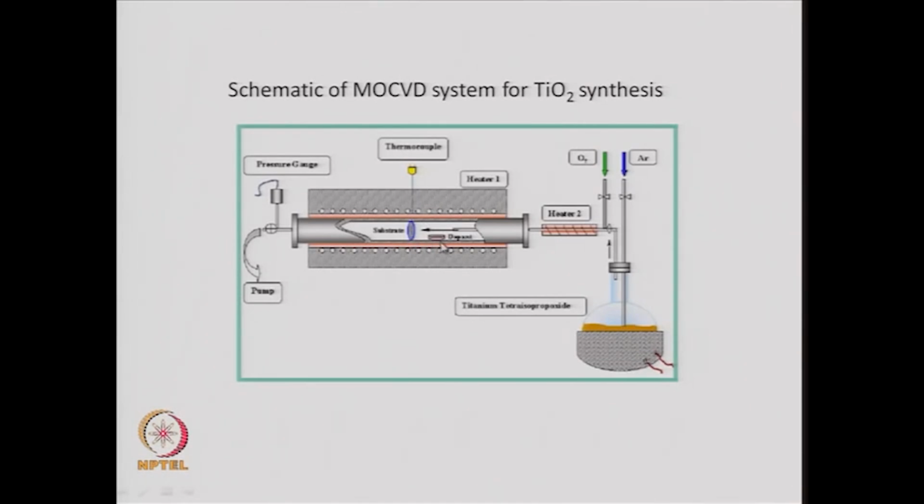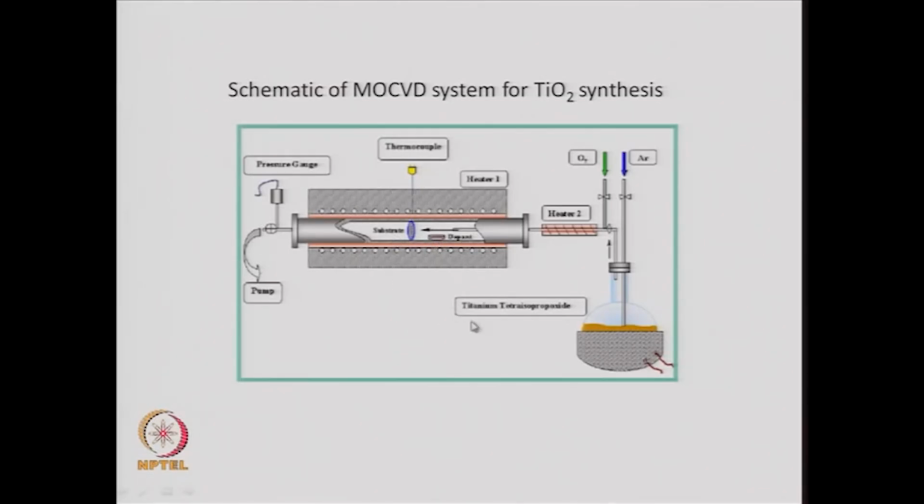And if you want some metals or metal oxides to be doped, then you put this metal oxide or metal as a dopant here, and the temperature should be sufficient to volatilize this dopant, and then the dopant mixes with the incoming stream of the titanium isopropoxide and forms TiO2 on this substrate along with the metal or metal oxide dopant.